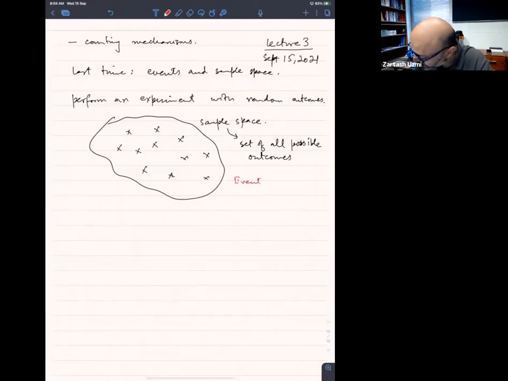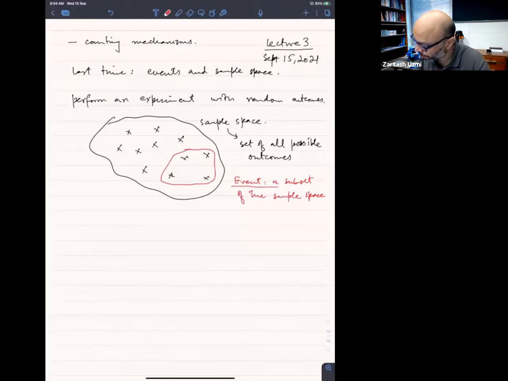An event is nothing but a subset of the sample space. एक ऐसा subset भी हो सकता है जो empty हो, empty set भी हो सकता है. एक ऐसा set भी हो सकता है जिसमें पूरी की पूरी sample space आ जाए. So you can have a number of events defined on a sample space. As an example, you can define an event which includes these 4 sample points. And when I say sample points, it's the same thing as outcomes. Outcomes को हम sample points भी कहते हैं. Sample points or outcomes.